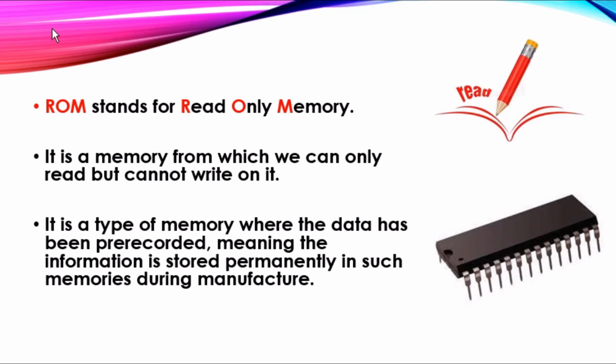The read-only memory is a type of primary memory where data has been pre-recorded, meaning the information is stored permanently in such memories during manufacturing. With us is an example of the ROM. This is how the computer ROM looks like.